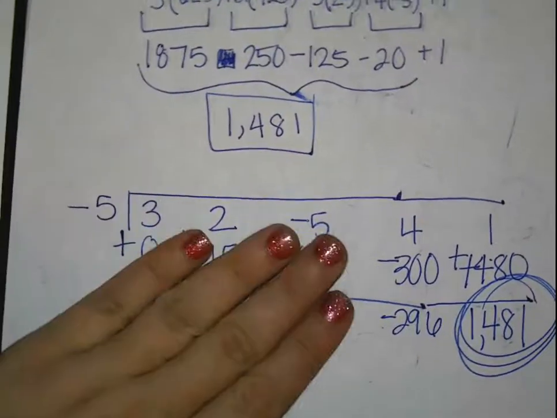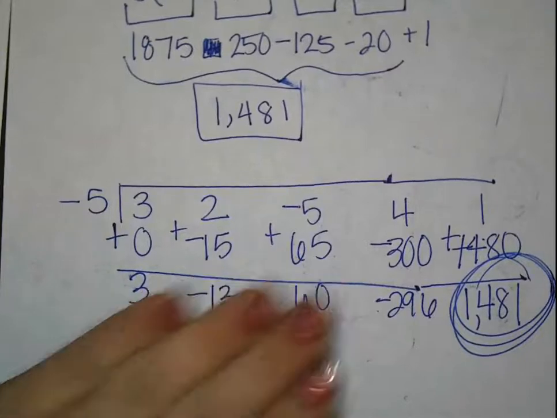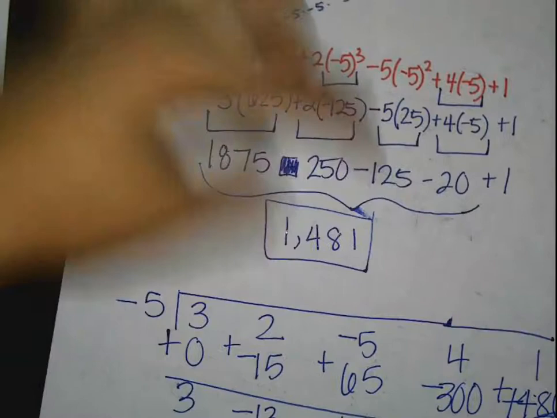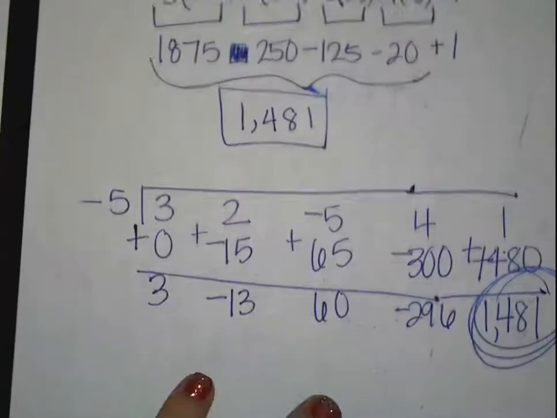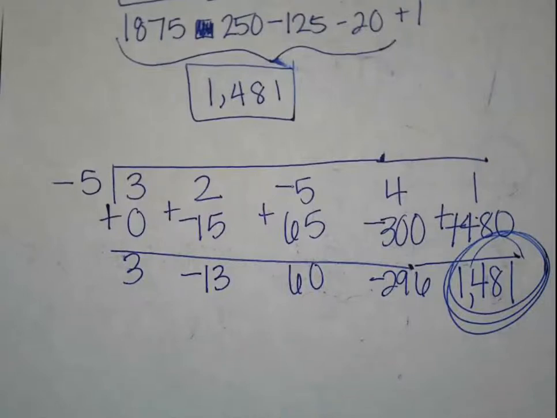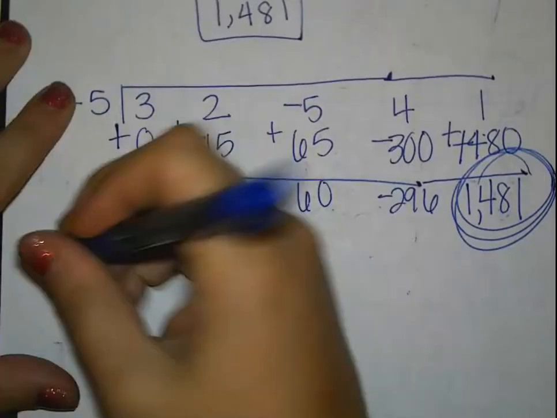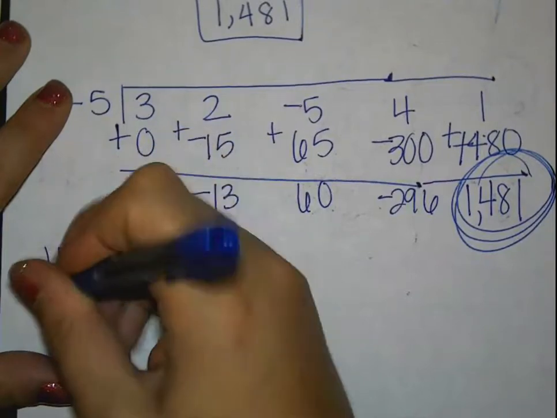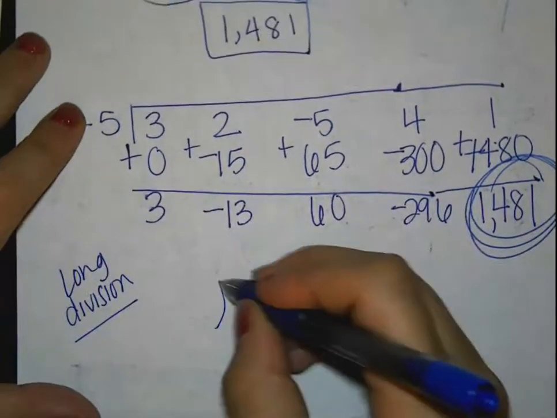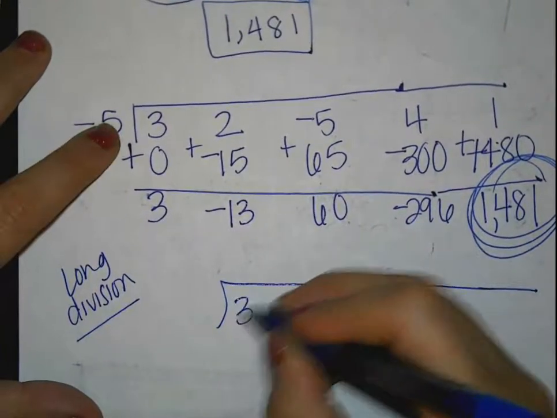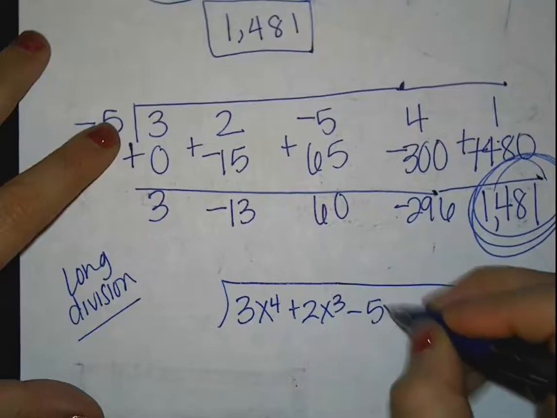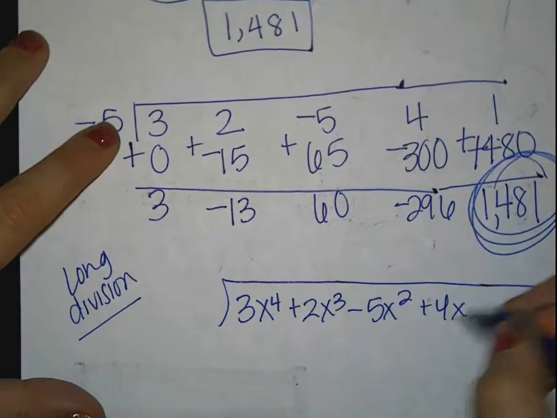So this is what the remainder theorem says. If you use synthetic or long division, the remainder is the same answer we would get from plugging in the number. So for time's sake, I'm not going to use long division, but just to discuss the setup, if we were going to use long division here, the inside here would have the 3x to the fourth plus 2x cubed minus 5x squared plus 4x plus 1.